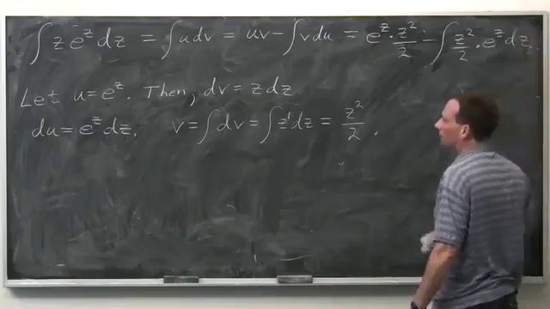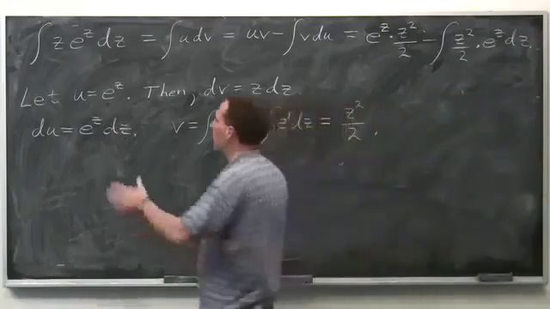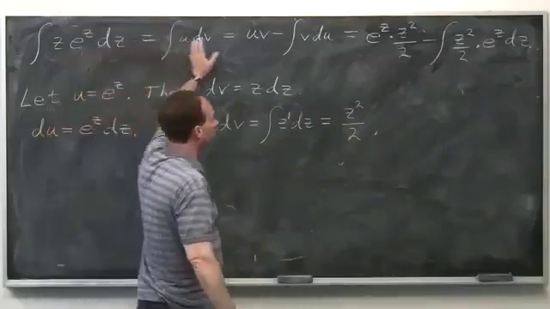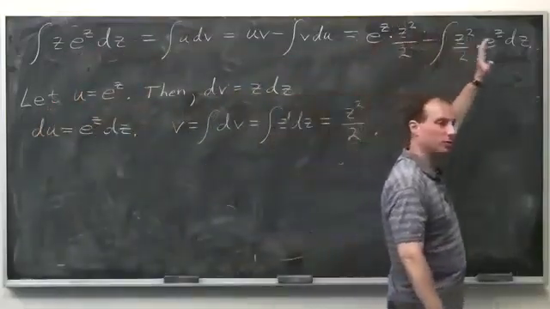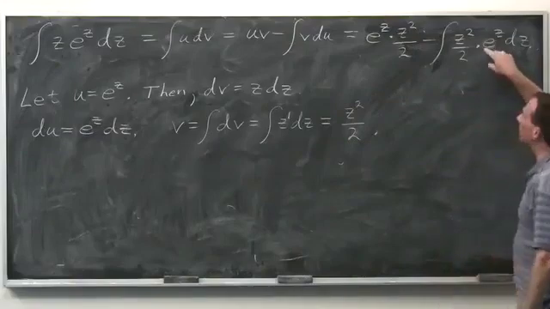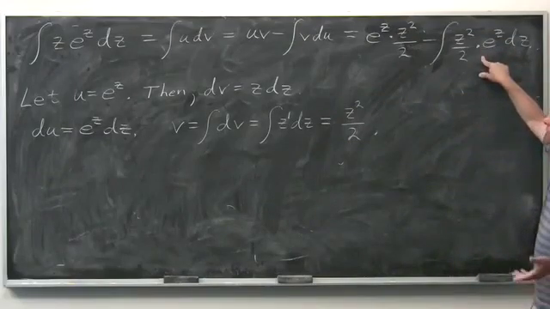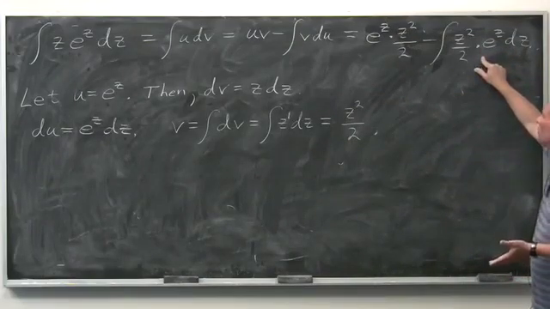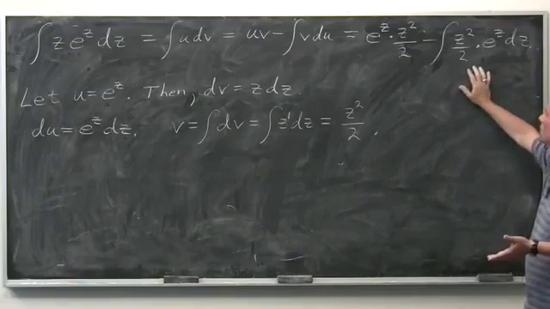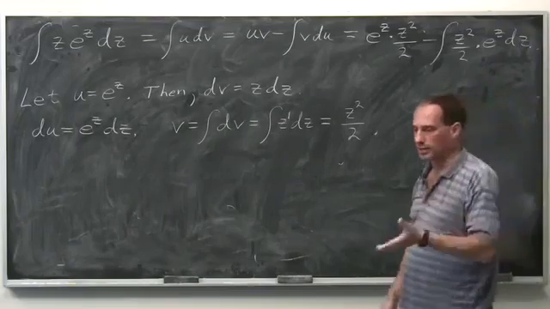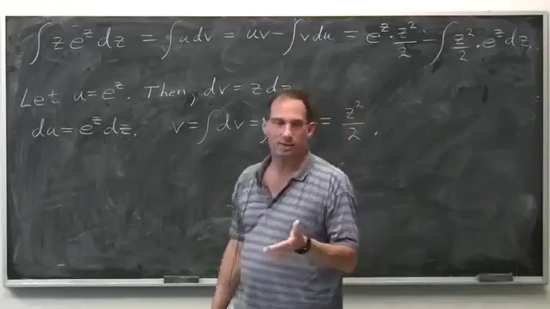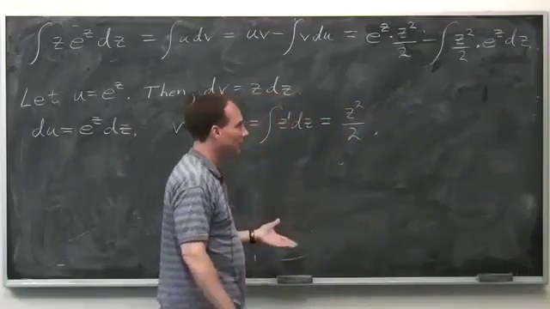So we get this. And it's your hope that you start with this integral and you apply integration by parts. So you make a choice for u, it determines dv, you apply integration by parts. It's your hope that this new integral is easier than the one you started with, or no worse. But it clearly got worse. The e to the z is as bad as it was, and the power of z went up.